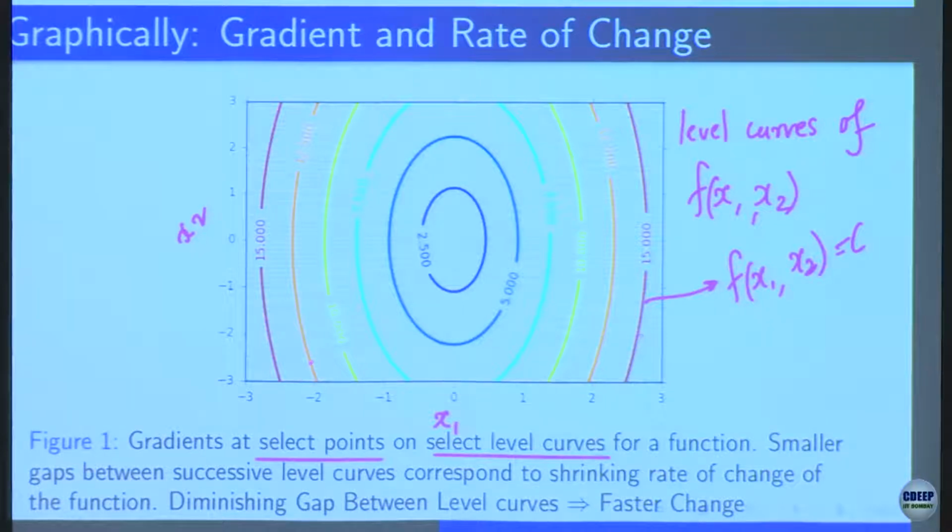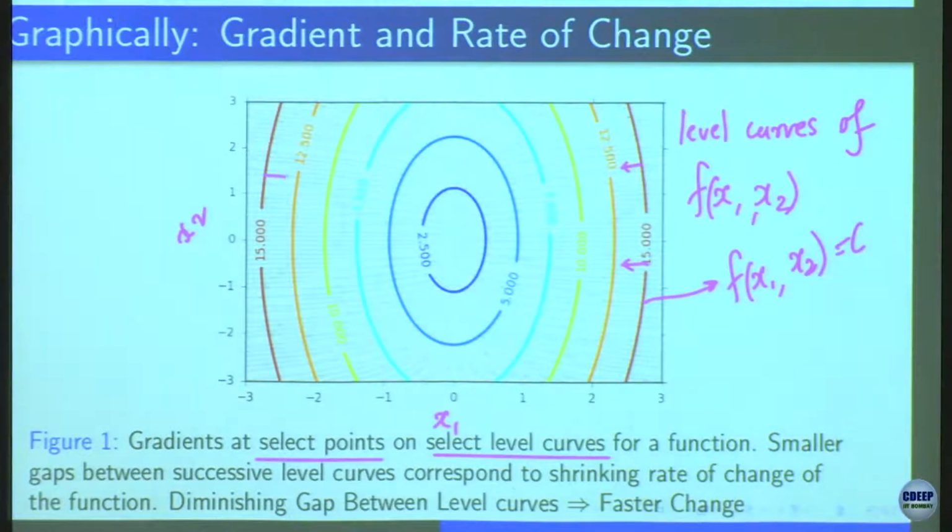So, let us take this point here. At this point on the level curve, this is the direction of the gradient. At this point on the level curve, this is the direction of the gradient. And as you can see, the gradient is always perpendicular to the level curve.